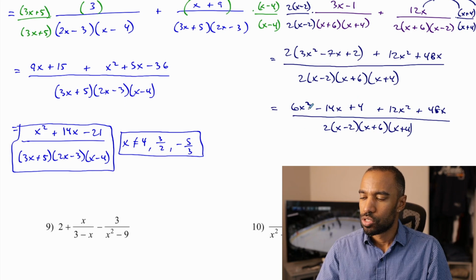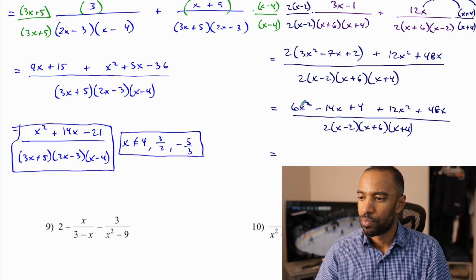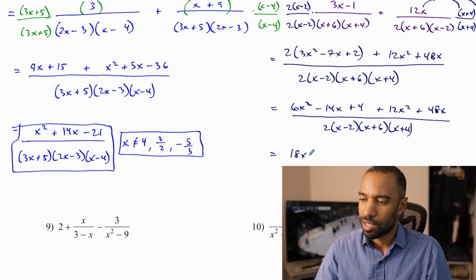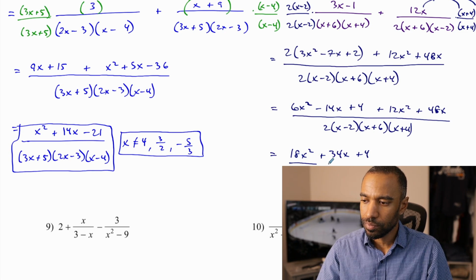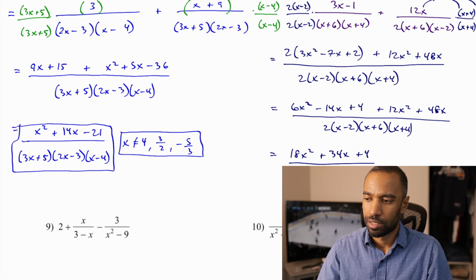Okay, let's see. So, not much room. 18x squared, negative 14x plus 48x is 34x, plus 4. Yeah, so a common factor of 2 we'll be able to pull out of here. X plus 4, sorry about that.